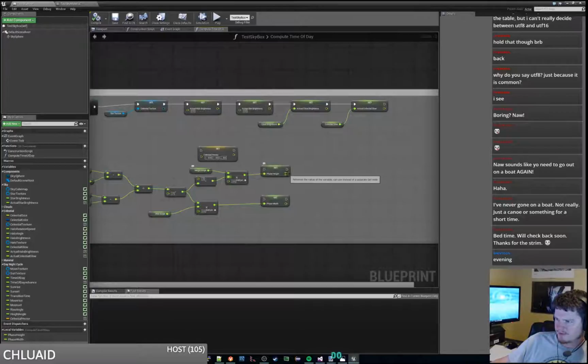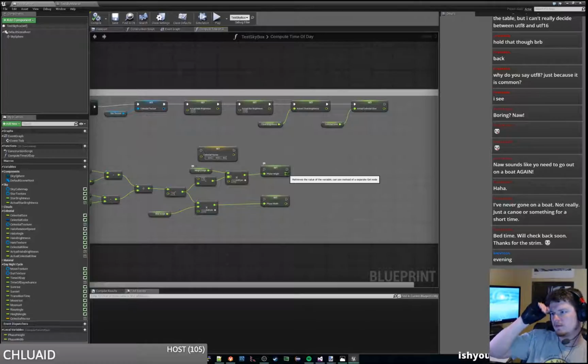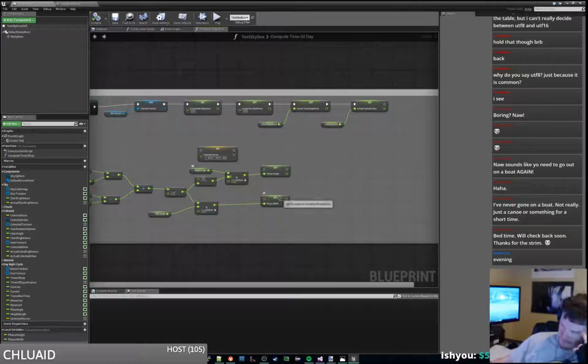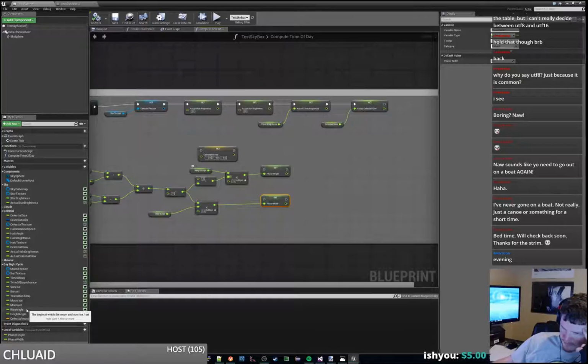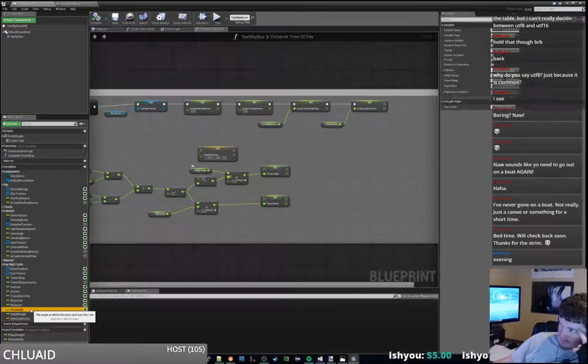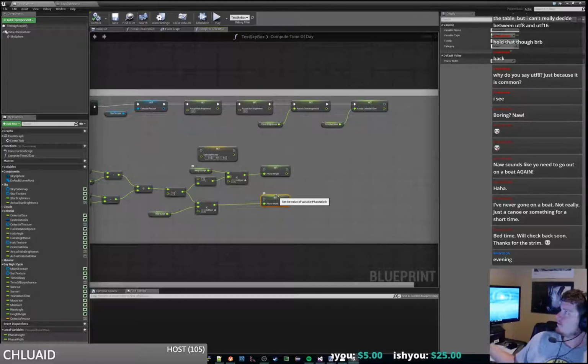Alright, and then we're going to want to actually set these things, right? So this is going to be our phase width. We have a rise angle, which is going to be 15, and our height angle, which is 15. So what do we want? The cosine of the value?